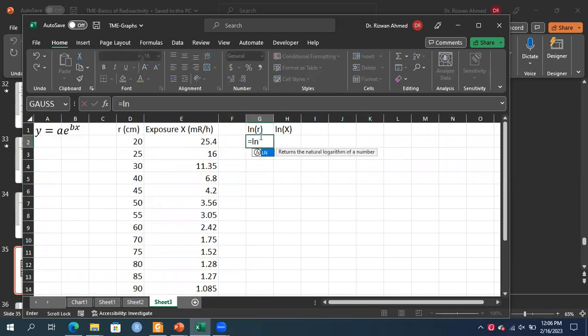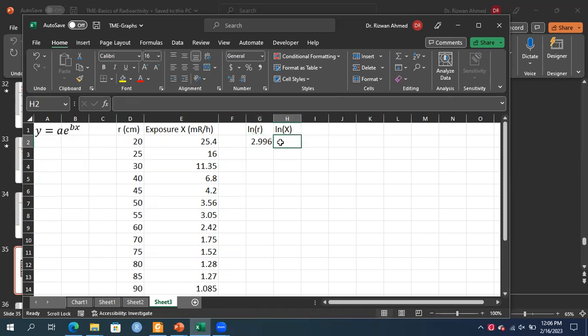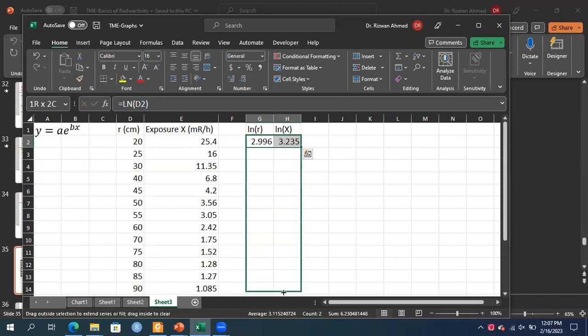In Microsoft Excel, the ln function is for computing the natural log. It's done. And similarly, for log of exposure, I write log of the exposure value, and the same should be repeated for the rest of the values.